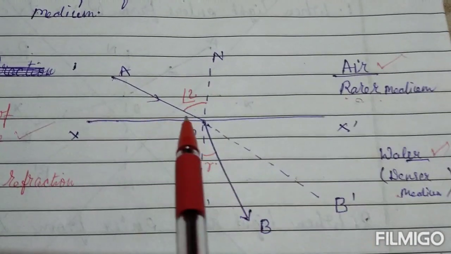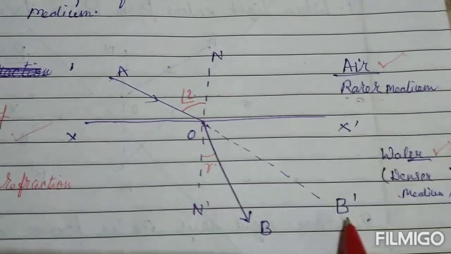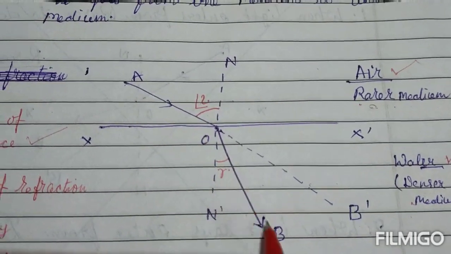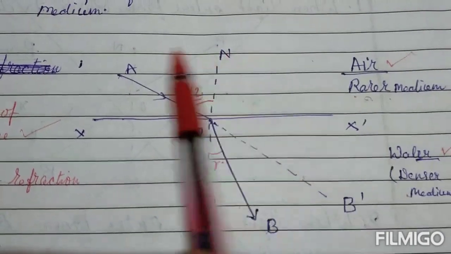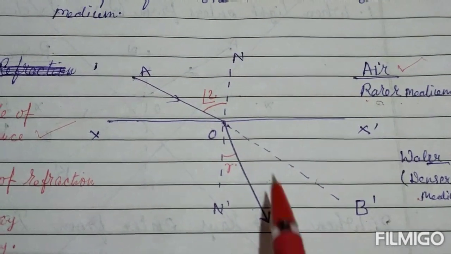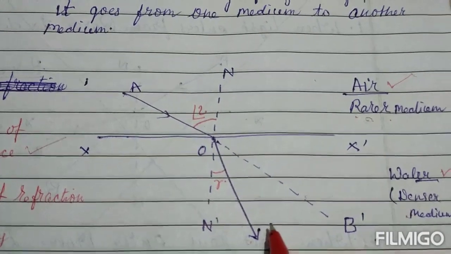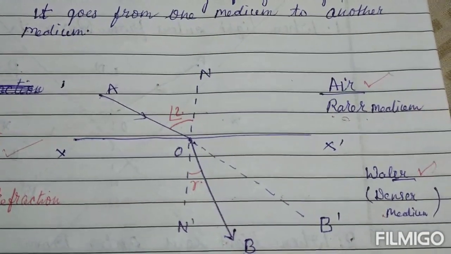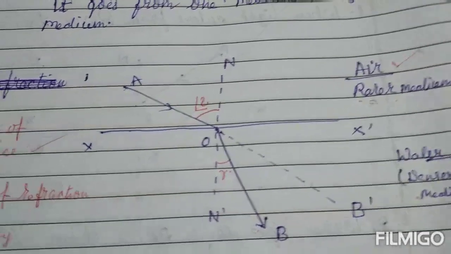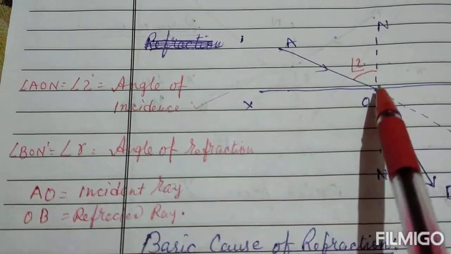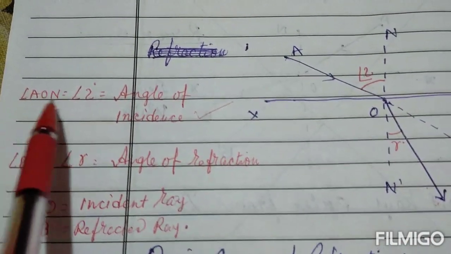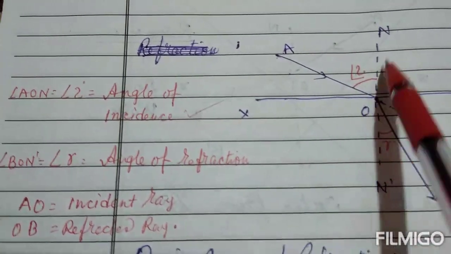So without taking its actual path, that is OB dash, it bends in the direction of OB. So this bending of light, when light goes from one medium to another medium, is called refraction of light.